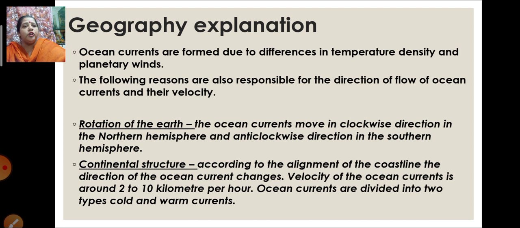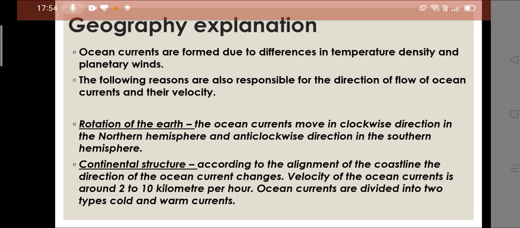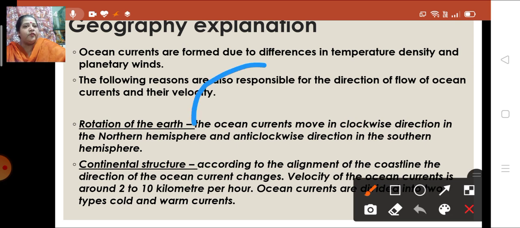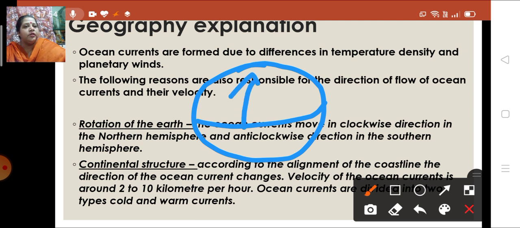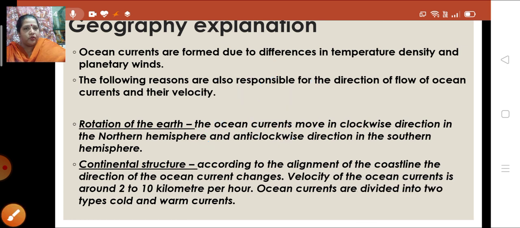Now, as I had told you, previously also I explained to you that when the currents are flowing, they are going from the equator towards the poles and from the poles to the equator. Okay, this is their direction. Correct? Here also in the south part, this is the direction. Okay, just because of the rotation of the earth, what happens?